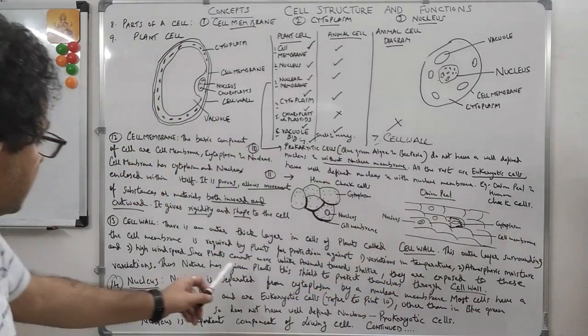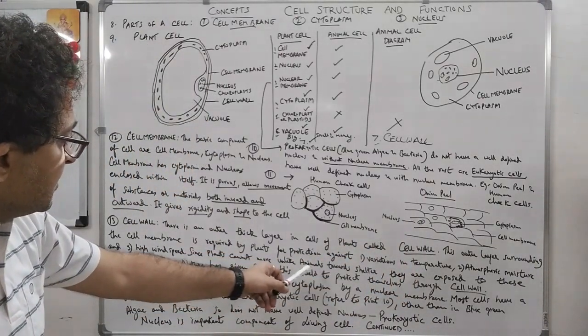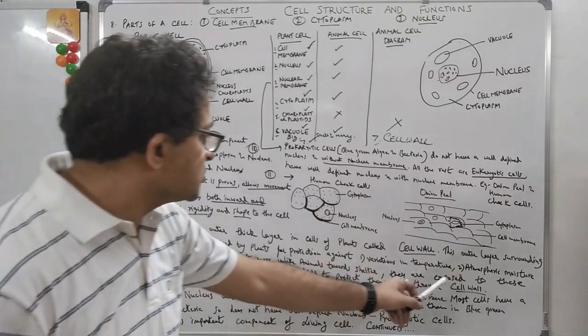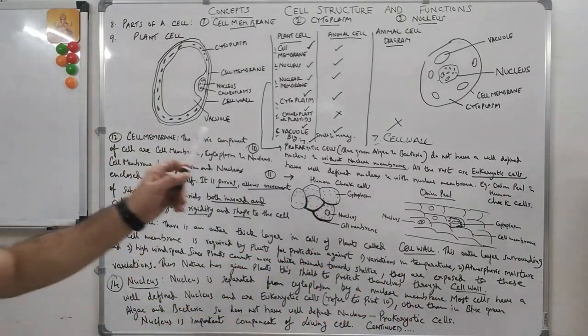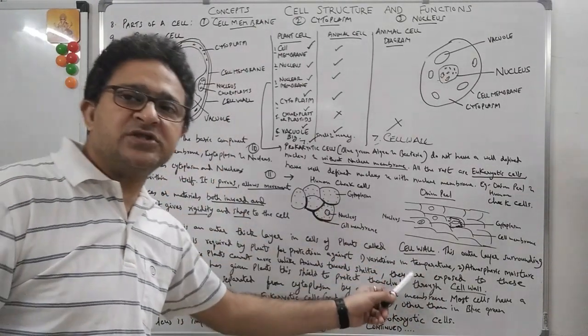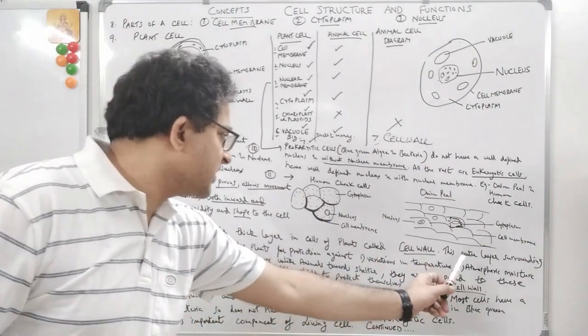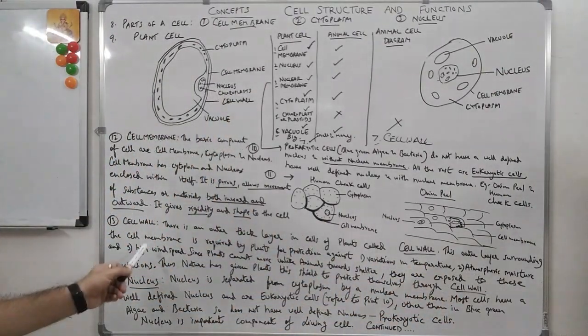Since plants cannot move, unlike animals, towards shelter, they are exposed to these variations. What are these variations? Variations in temperature, variations in atmospheric moisture, and high wind speed.